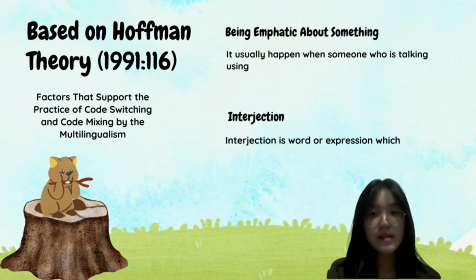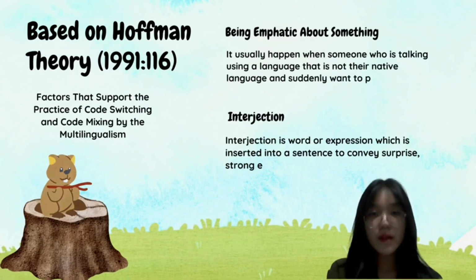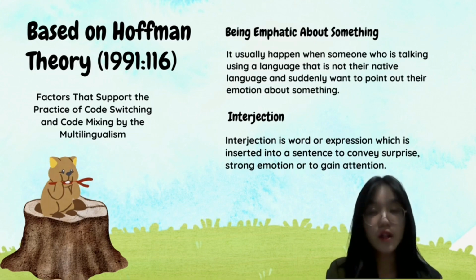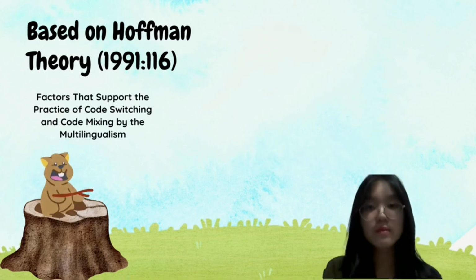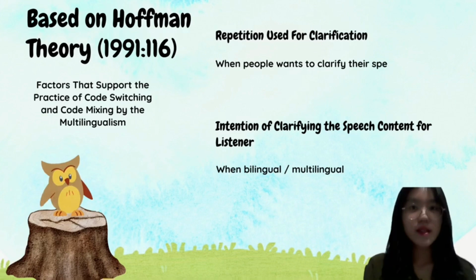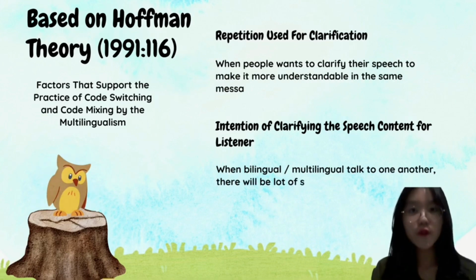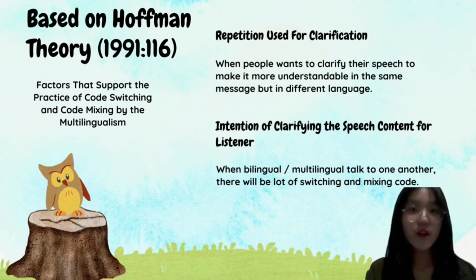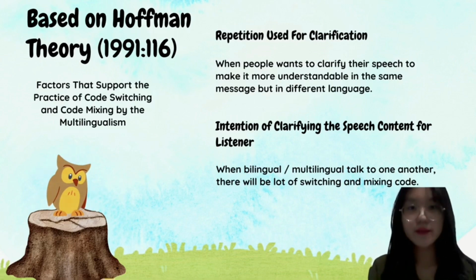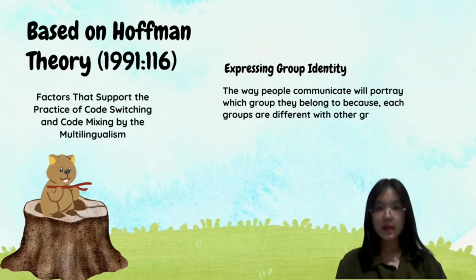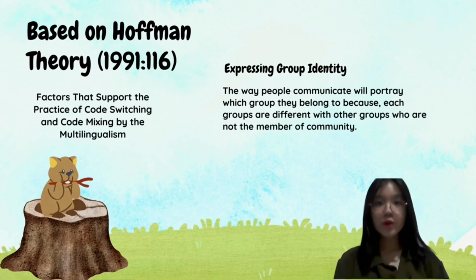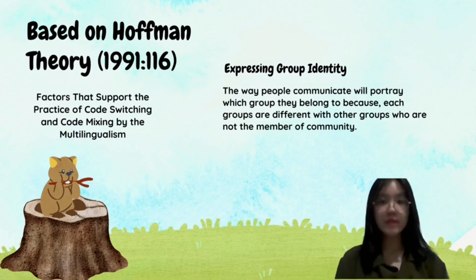The next factor is being empathetic about something, which usually expresses solidarity. The fourth is interjection, which takes the form of an exclamation. The next factor is repetition, used for clarification, with the intention of clarifying the speech content for the listener. And the last factor is expressing group identity. People communicating will portray which group they belong to by switching and mixing their language.